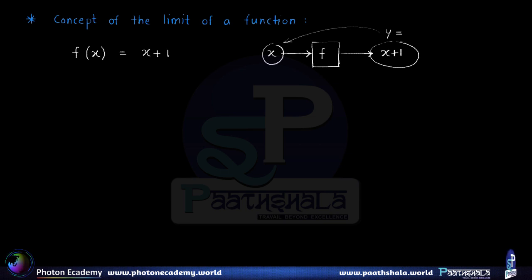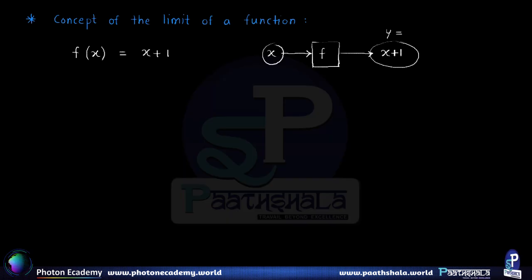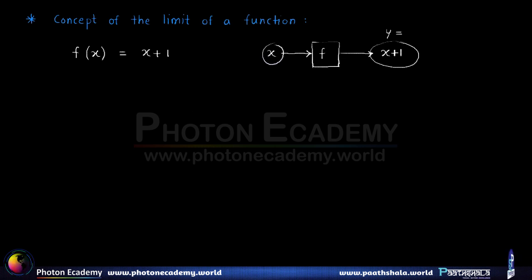Therefore if I change x, there will be some change in the output y; in other words, f of x will also change. Now I am interested to know, if x becomes closer and closer to a certain number a, whether f of x also comes closer and closer to another certain number. If yes, then that is what we call the limit of the function.